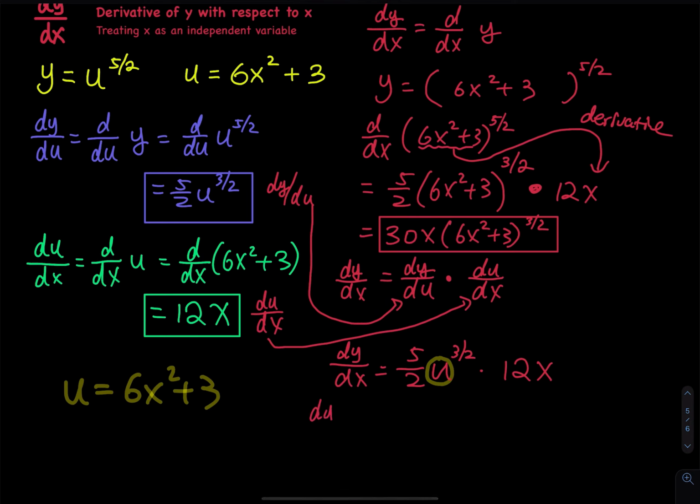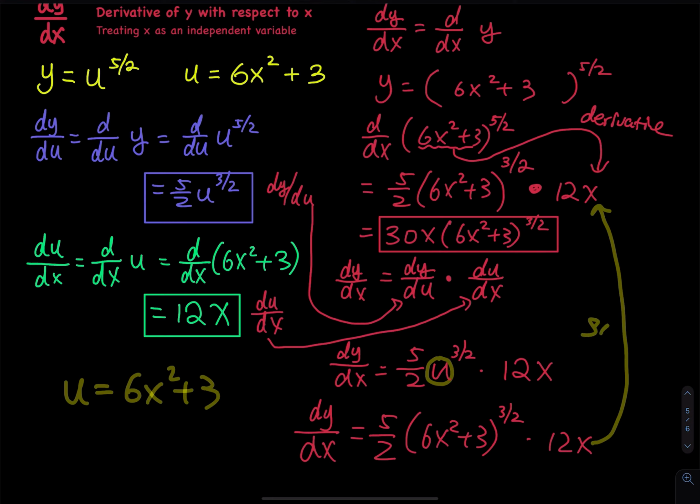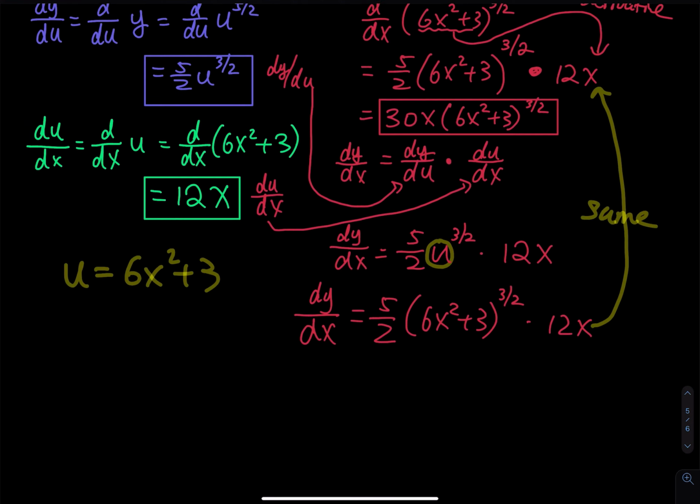So dy/dx is equal to 5/2 times 6x squared plus 3 raised to 3/2, times 12x. Can you see that this line is the same thing as this line? So they are the same, right? And after you simplify, you also get 30x times 6x squared plus 3 raised to 3/2.